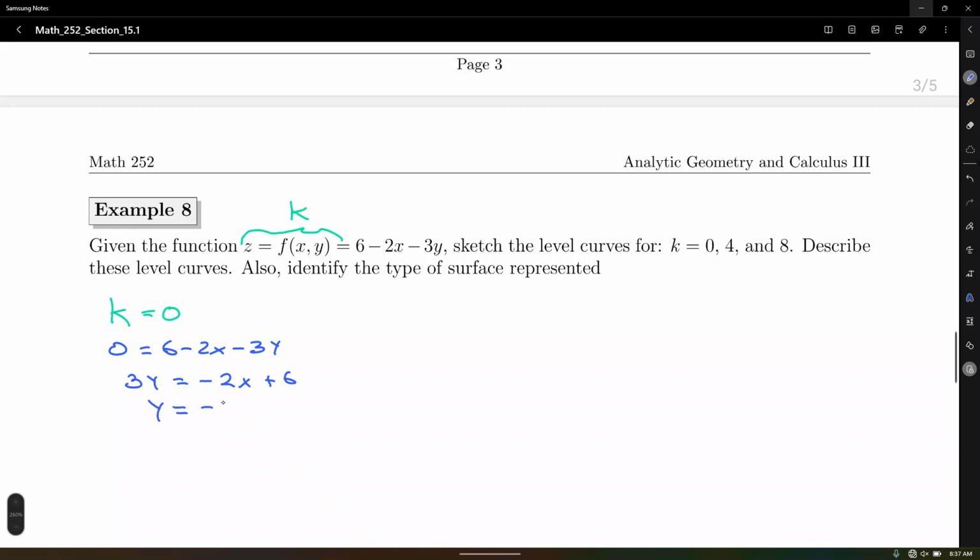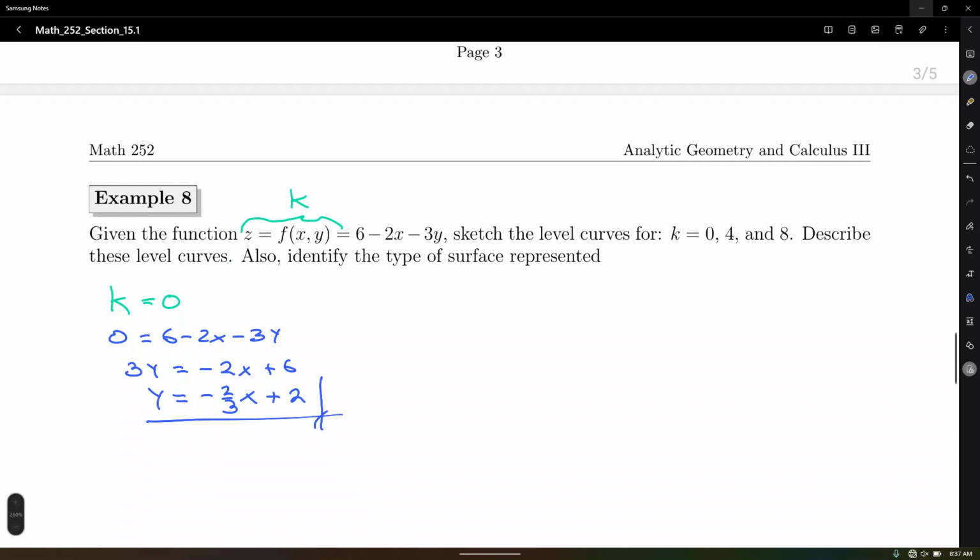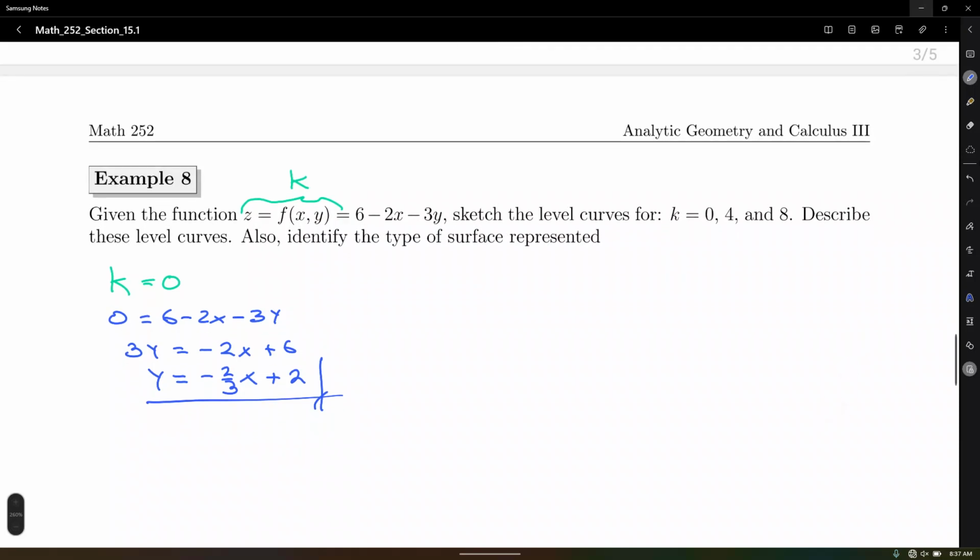That's going to give us y equals negative 2/3 x plus 2. All right, so that is the first trace. And what does that equation represent? Notice in this case it's only two variables, one independent, one dependent. What does that describe? A line. It's just a line. We will get a better picture of this later using GeoGebra. I'll show you in a second.